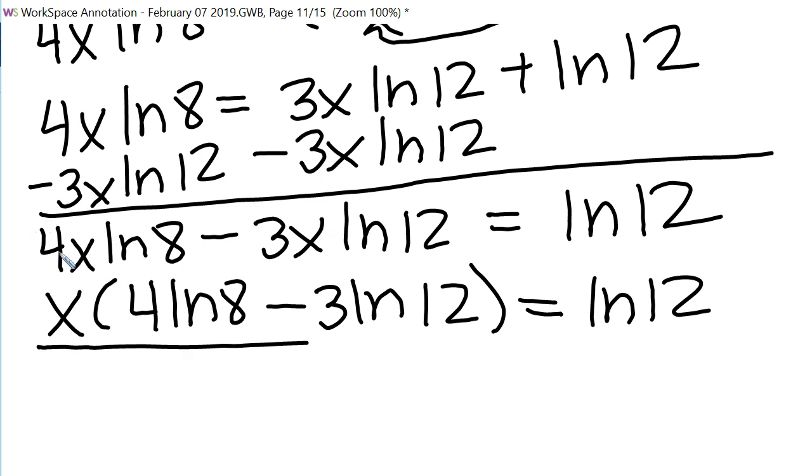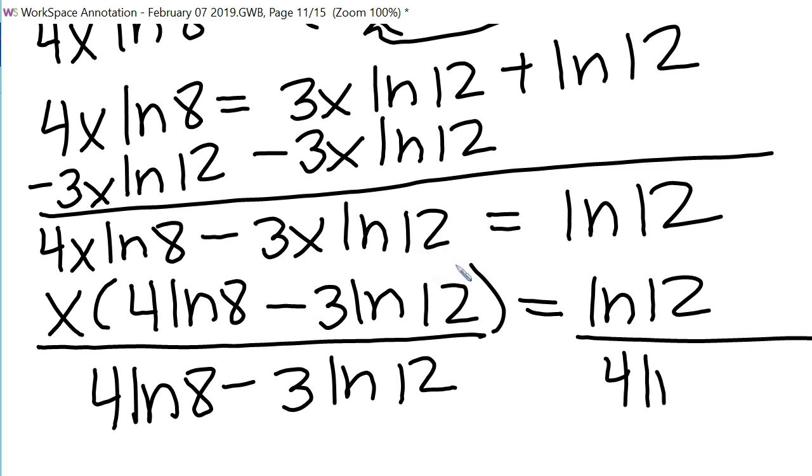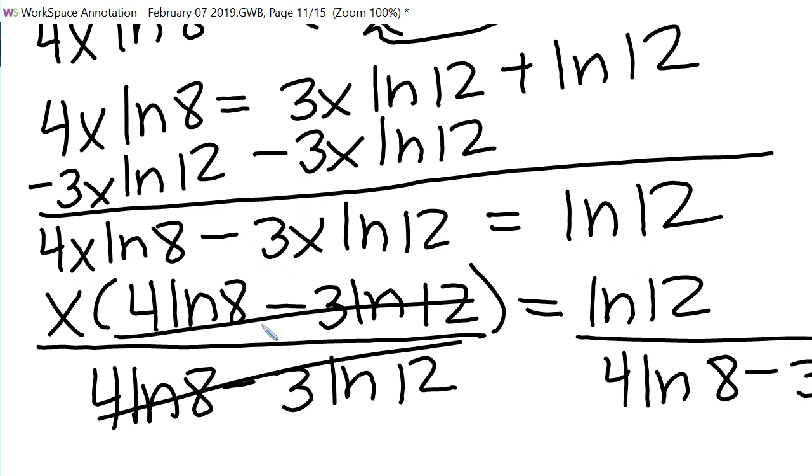Divide both sides by what's in the parentheses, so divide by 4 natural log of 8, minus 3 natural log of 12. And again, if you're using an 83 or 84, you would have to group the denominator in parentheses.